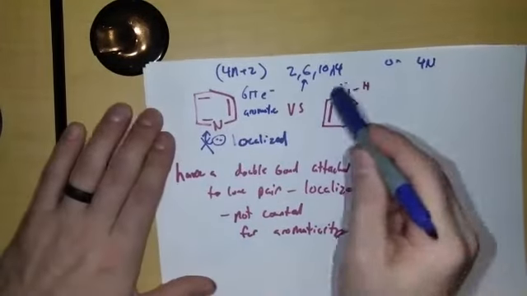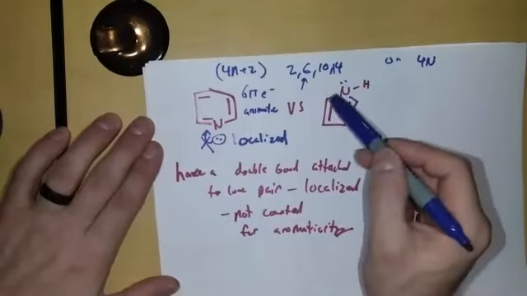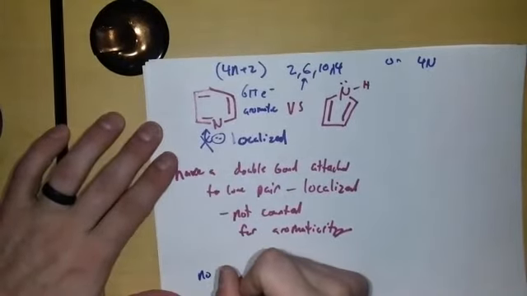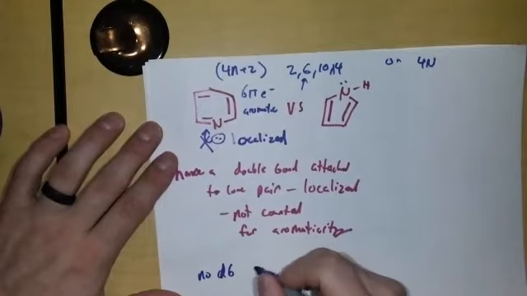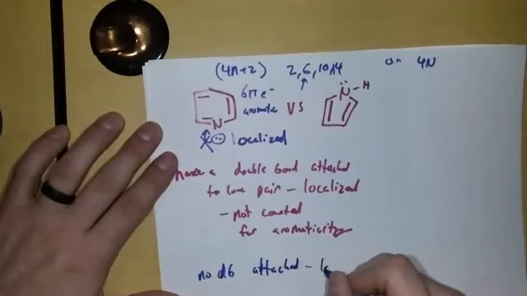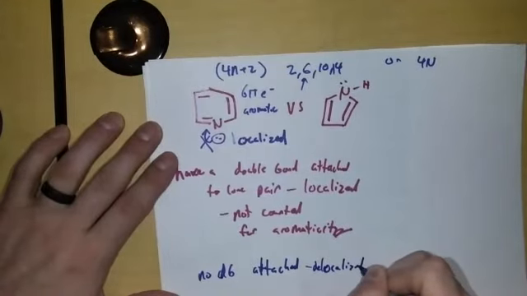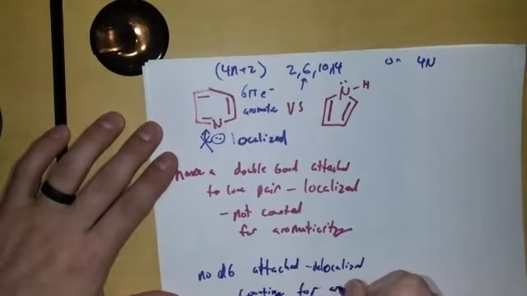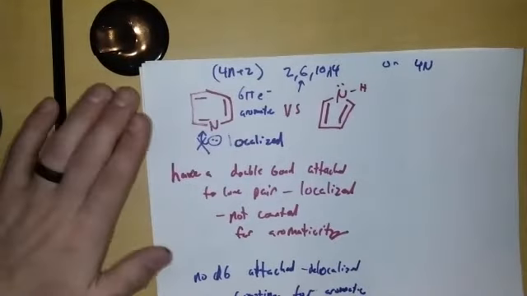In our other example, we don't have a double bond currently attached to this nitrogen. So these are considered delocalized, and they're going to end up counting. So I can do resonance here.